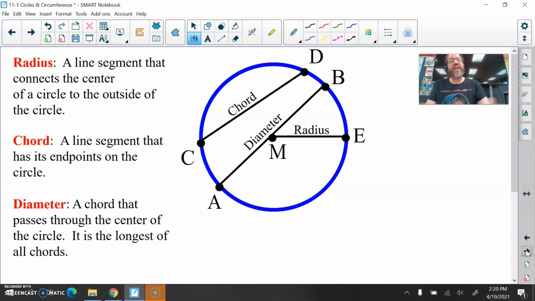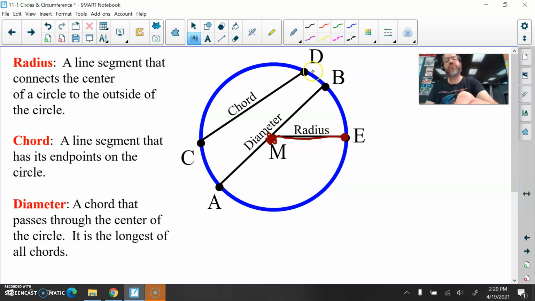Radius. Radius is the measurement from the center of the circle to the outside edge of the circle. In fact, the radius is how you make a circle. If you imagine having a stake pounded in the ground right here, and then there's a chain running from that stake, and over here at point E, you have a dog connected right there.